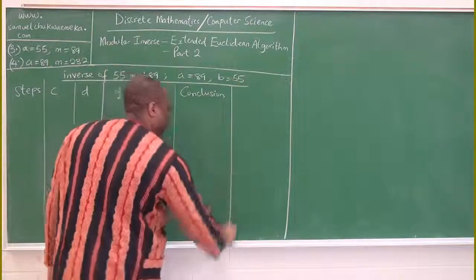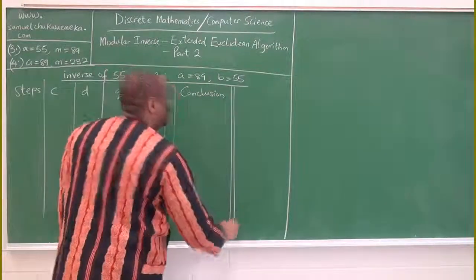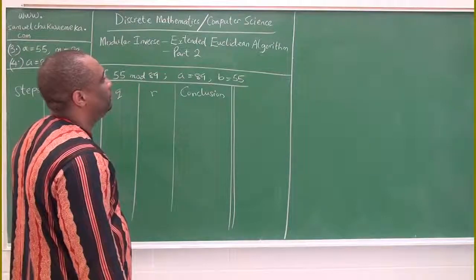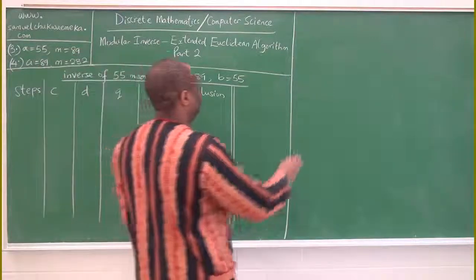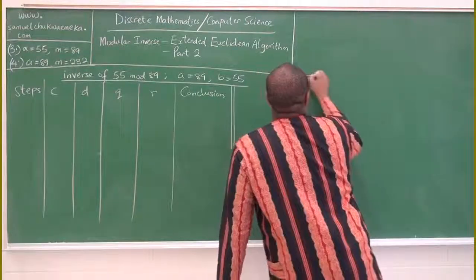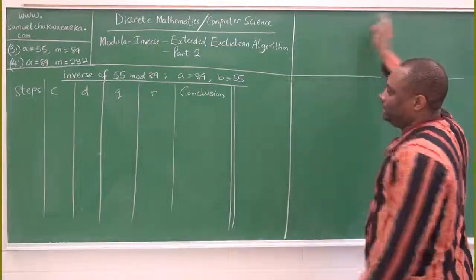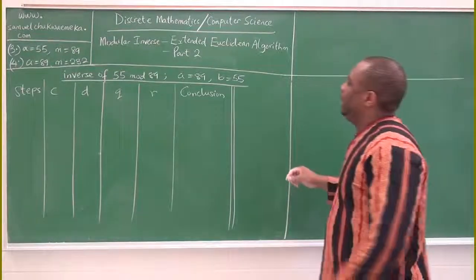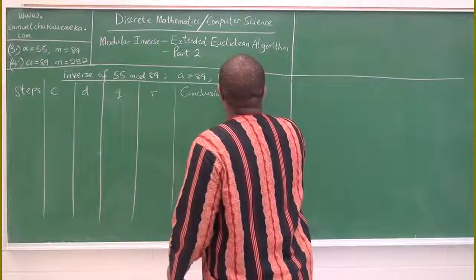Let's do two lines here, so that we can continue from here. And probably we can use this space as rough work. If we need to do any rough work, we use that space.